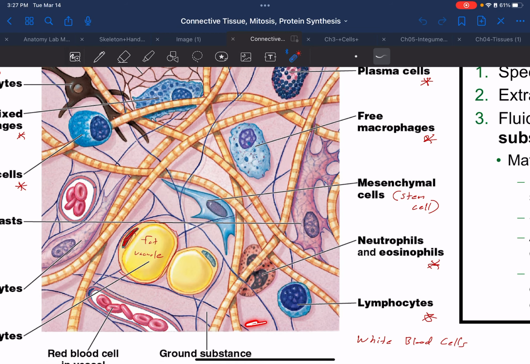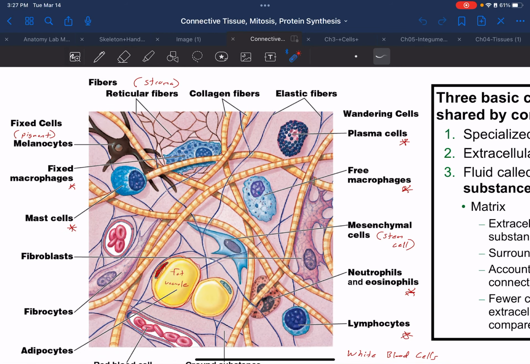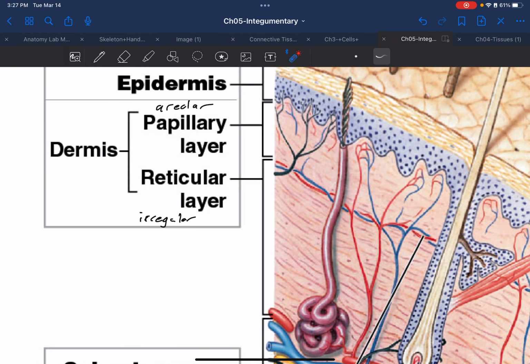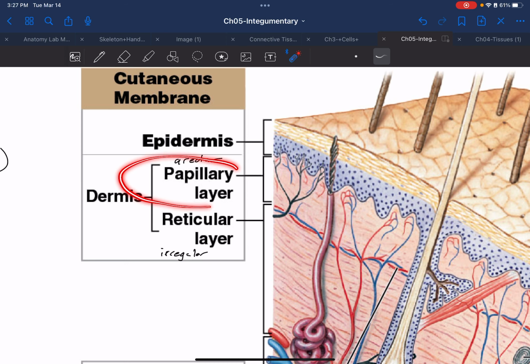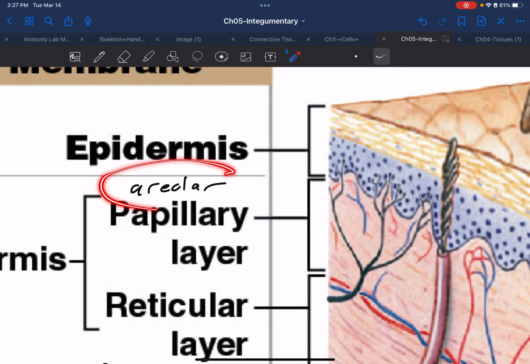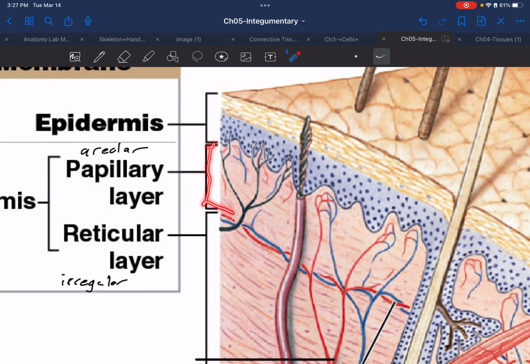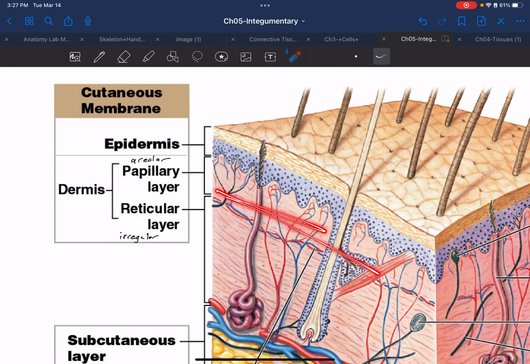And so this space needs to have an insane amount of fluid so that white blood cells can navigate around and patrol for infections. So doesn't it make sense that the papillary layer is going to have areolar tissue, which is a very loose fluid connective tissue, on this first layer of our little skin cake that we have on the screen, right?